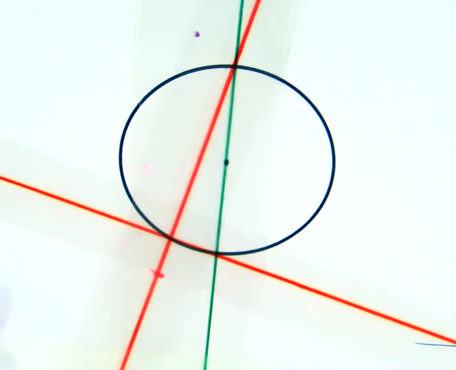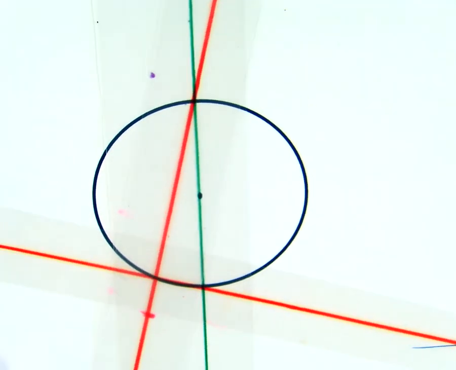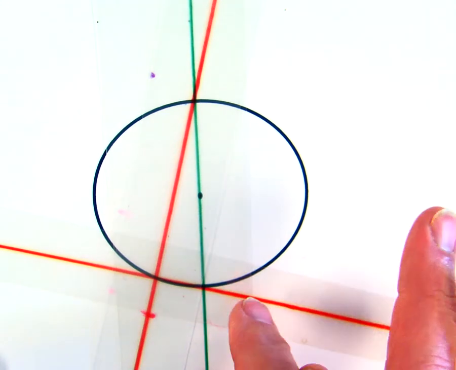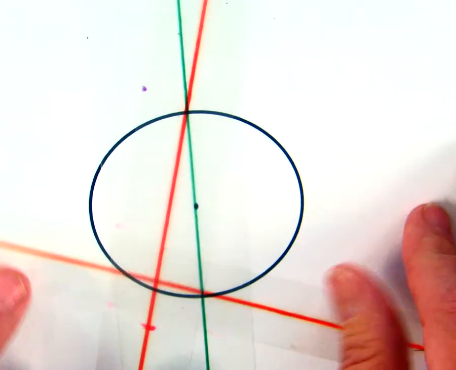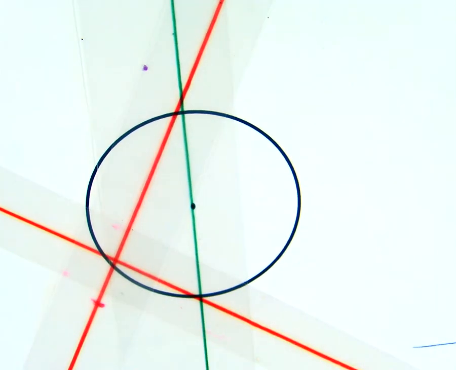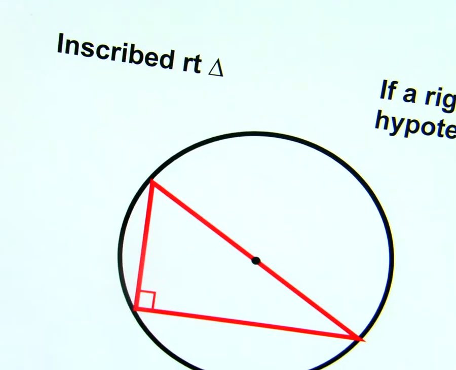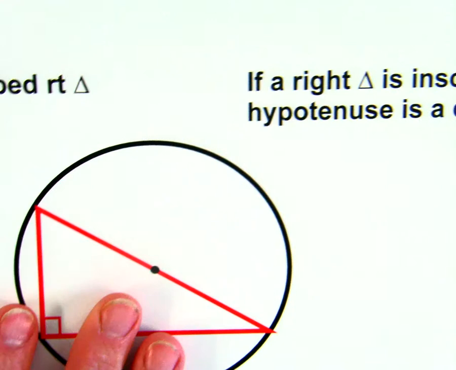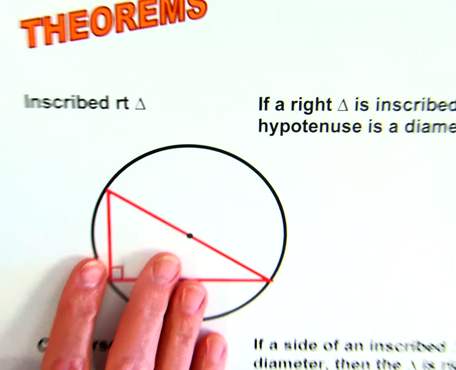It's still a right angle. Doesn't matter where you put it, it opens to a diameter. It is a right angle wherever you put it. It is an inscribed right angle. And here's the theorem with regard to that and its converse.